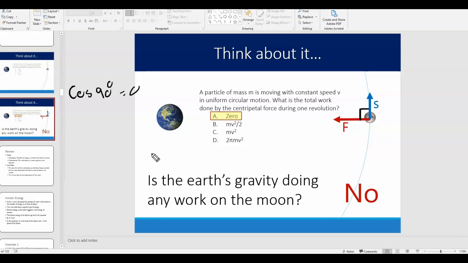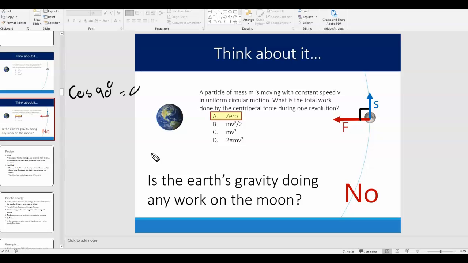Now, if you want another more conceptual way to think of this, you can imagine that work is the transfer of energy to or from an object. And so in this situation, if it's uniform circular motion, that means the object is going in a circle, but it's not actually moving any faster or slower. Okay, meaning that it's not gaining or losing energy, meaning that there's no net work being done to the object. Right?